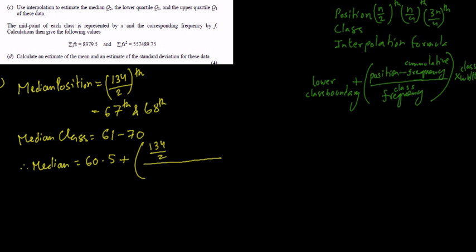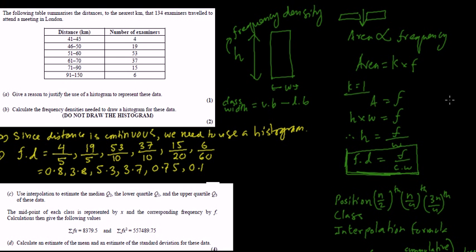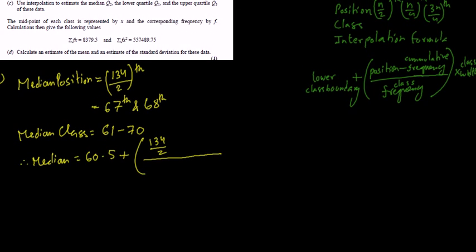Class frequency is, so 61 to 70, the class is 37, so the class frequency is, sorry, it should be 51 to 60, because 4 plus 19 and 53, this is 51 to 60. It should be this one. Let me remove this. Okay, it should be 51 to 60. Okay, good enough.